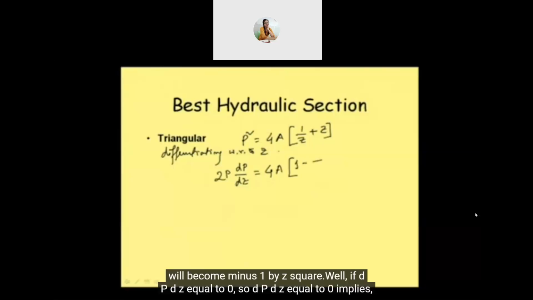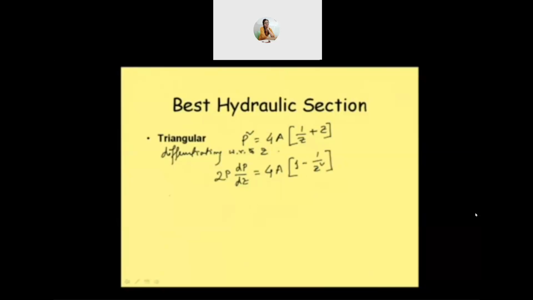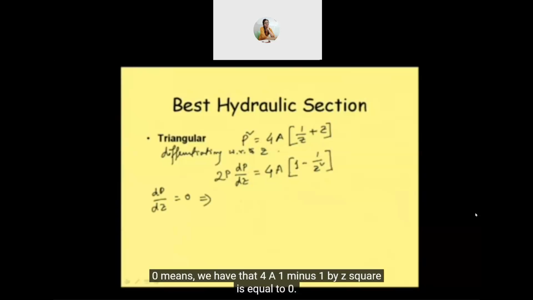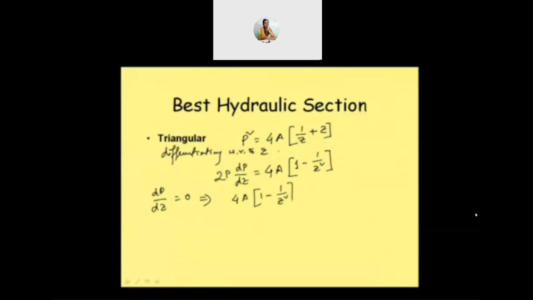If dP/dz equal to 0, this left hand side is 0, which means 4A times 1 minus 1 by z square is equal to 0.